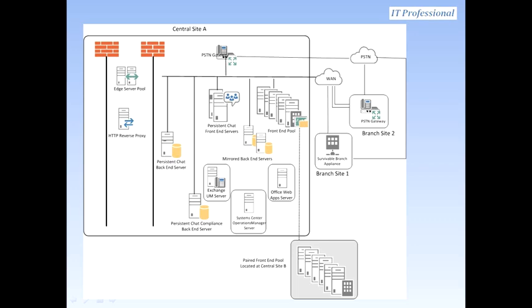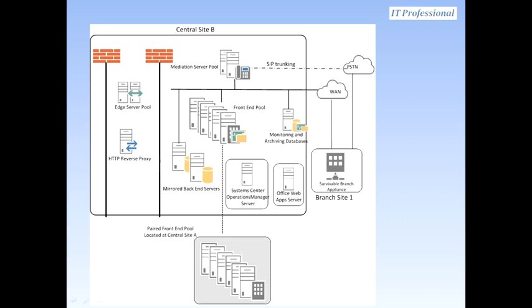Moving to central site B now. Here we have the monitoring and archiving database. When you deploy monitoring or archiving, it runs on every front-end server. The databases for these features can be co-located with the back-end database or located on a separate server.